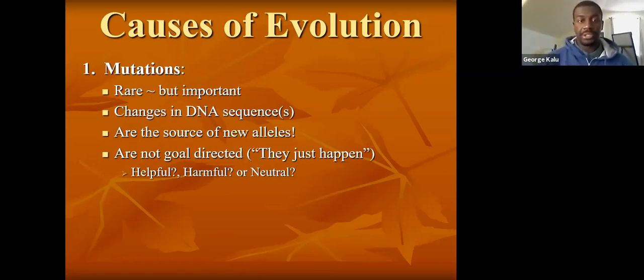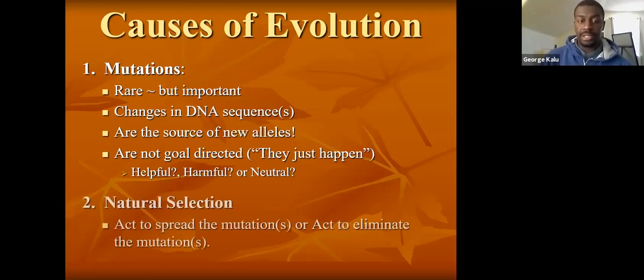Okay, those are mutations. The second process that we can have is natural selection. Natural selection can act on existing alleles, and so that can either cause some alleles to become more prevalent from generation to generation, or cause some alleles to get removed from the gene pool depending on the environment and the habitat that's available and present, and depending on the resources and the limitations to those.